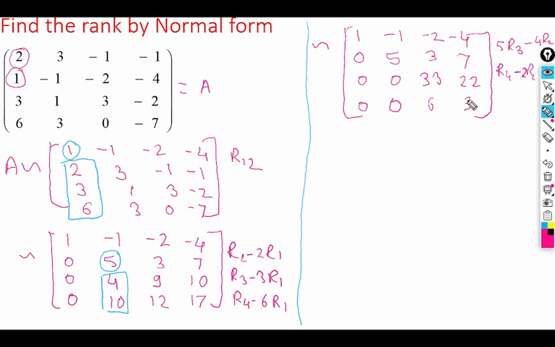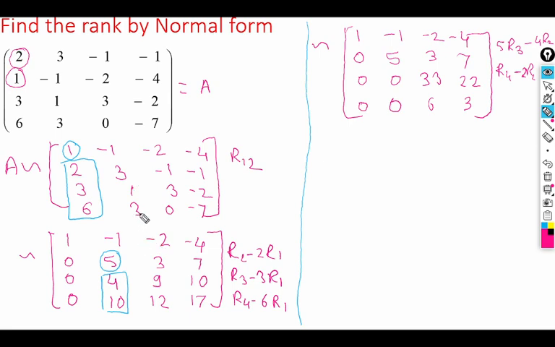Okay, I will check one more time. Previously we have here 3 1 3 minus 2, 6 3 0 minus 7, and we did R4 minus 6R1. So this is the mistake we did here.